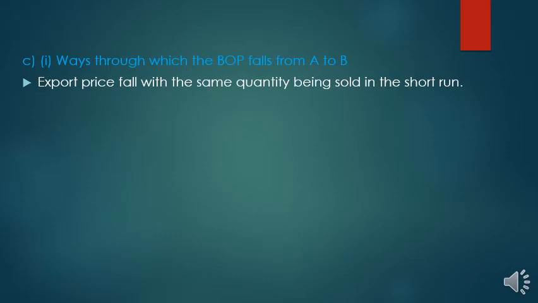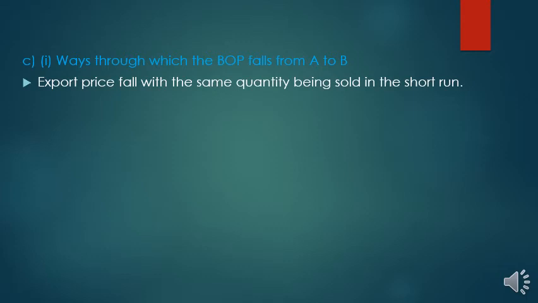So when they devalue the currency, it causes export to be cheaper, which will attract demand, and import to be expensive, which will cause demand for foreign goods to fall, because the prices of foreign goods will increase in the home market. So that's why we're saying that export prices, after devaluation, will be falling with the same quantity being sold in the short run.